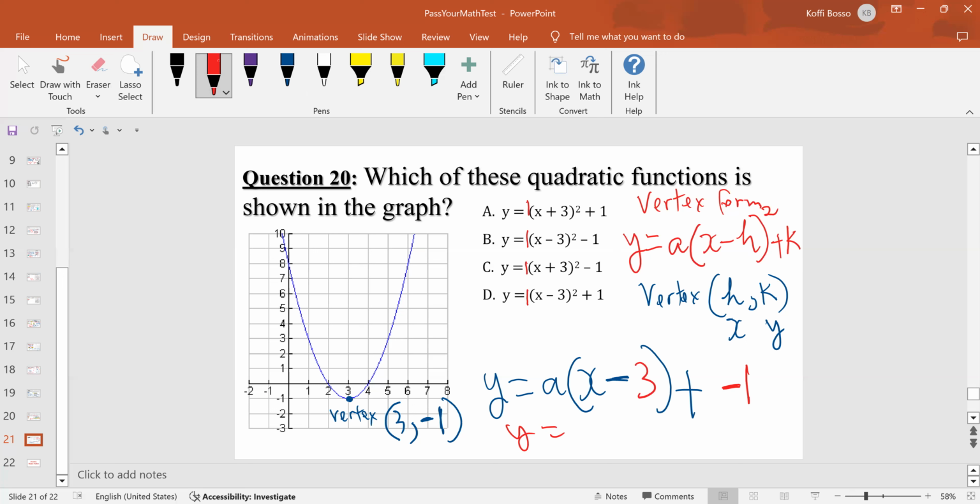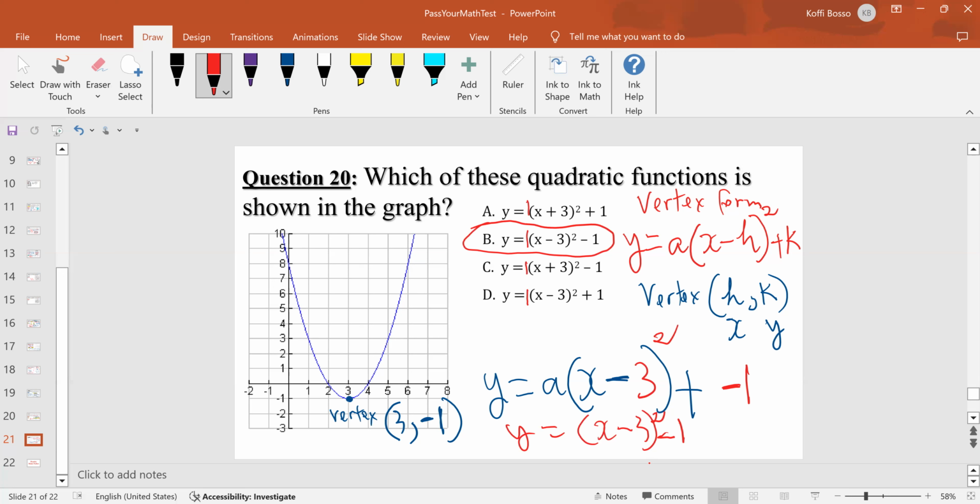That means what? A is 1. So we can write it as x minus 3, squared, plus -1, which is just minus 1. Now, if you see all the 4 graphs, which one has y equals x minus 3 squared minus 1? That is B. So the correct answer here is B.